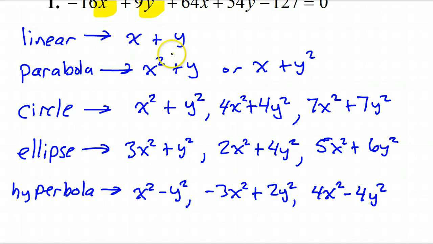Only a line and a parabola, a circle, ellipse, and hyperbola all have x squared and y squared in it. Anyway, here's the breakdown. This is what I'm looking for as I decide whether it's linear, parabola, circle, ellipse, or hyperbola.